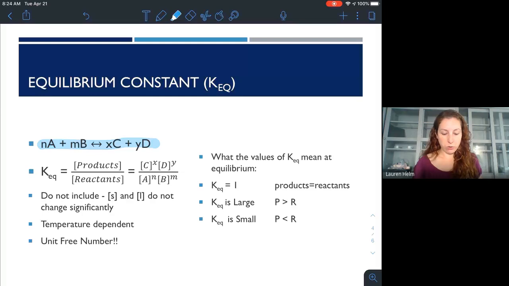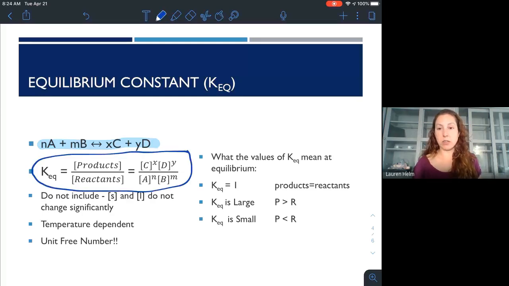Well, our general formula for the equilibrium constant is this. KEQ, or the equilibrium constant K, is equal to the concentration, remember brackets mean concentration, of the products over the concentration of the reactants raised to their coefficients.